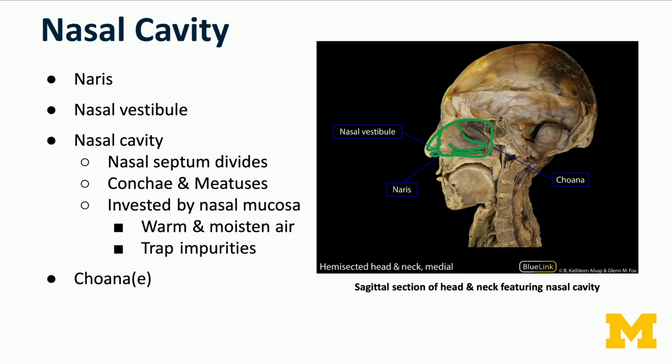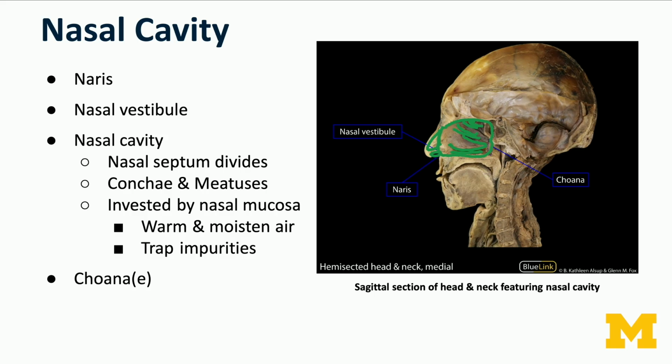And then there is the middle nasal concha, and below that, the middle nasal meatus. And then the superior nasal concha and the superior nasal meatus. All of this serves to increase the surface area of the nasal cavity. And all of this is lined by nasal mucosa.